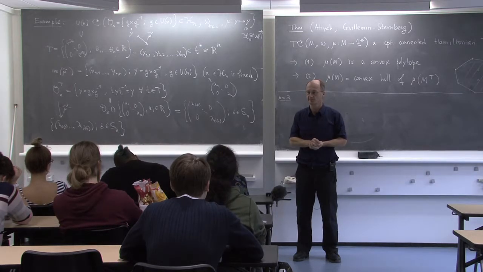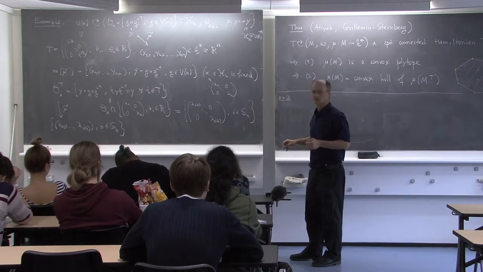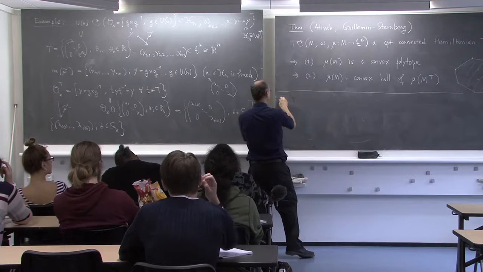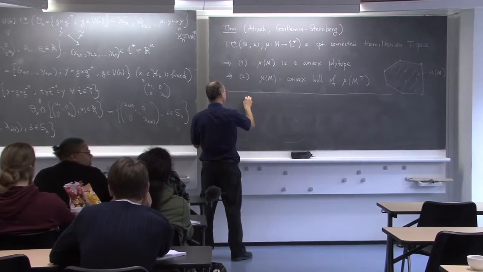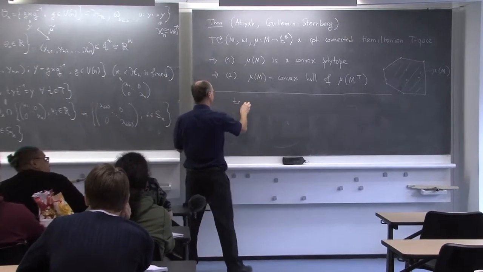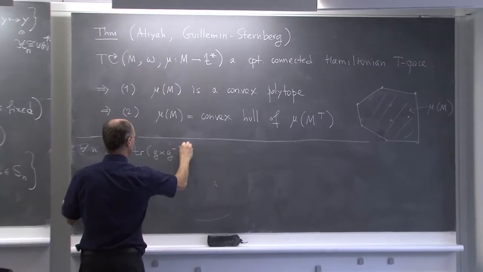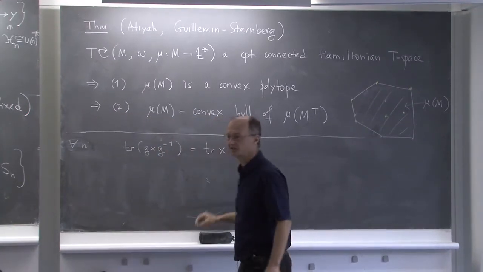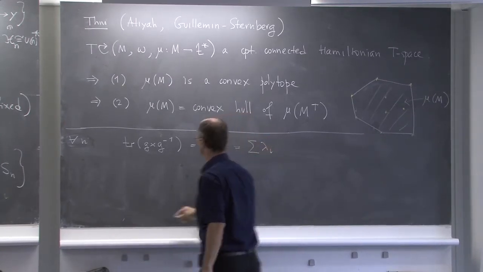Why? Do you see it? For any n, notice that the trace of g x g minus 1 is equal to the trace of x, and equal to the sum of the eigenvalues.